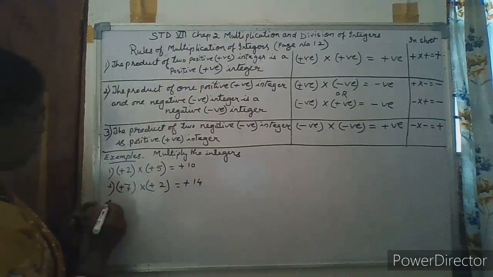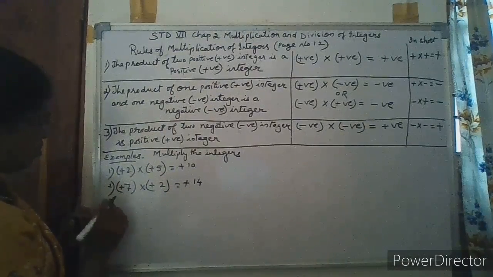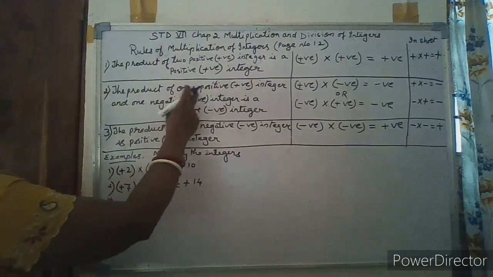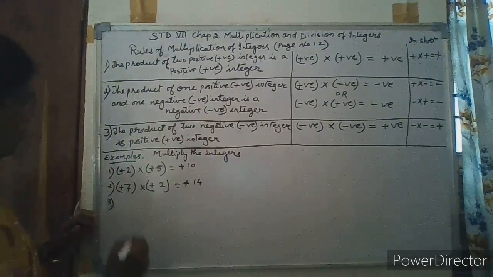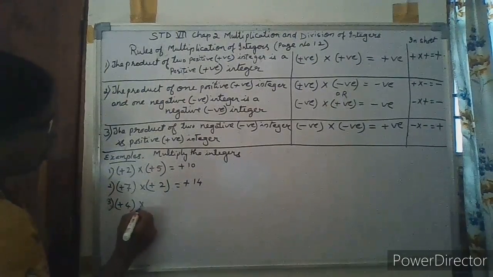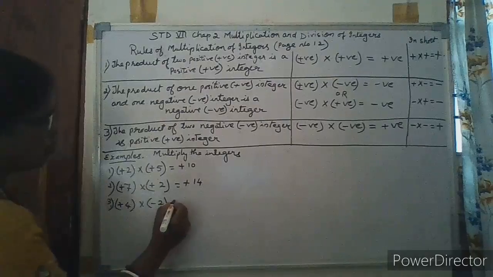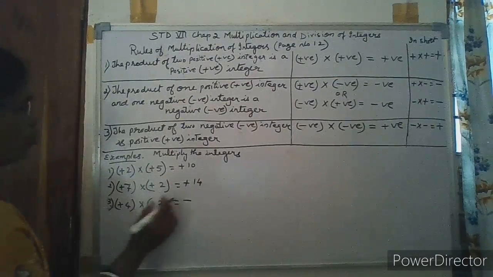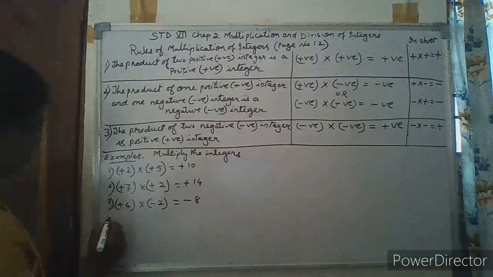According to the second rule, the product of one positive and one negative. Plus 4 into minus 2 is equal to. Plus into minus is minus. 4 2s are 8.